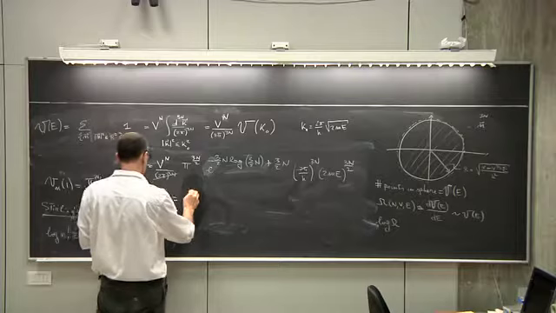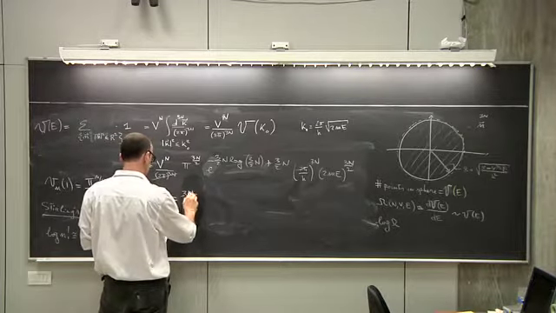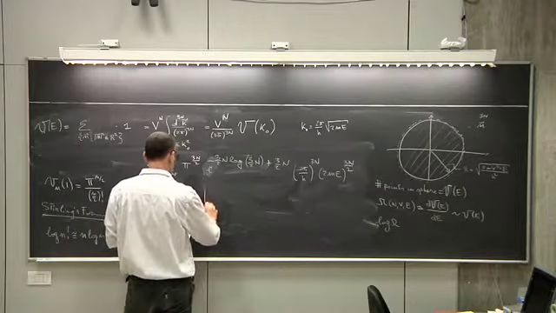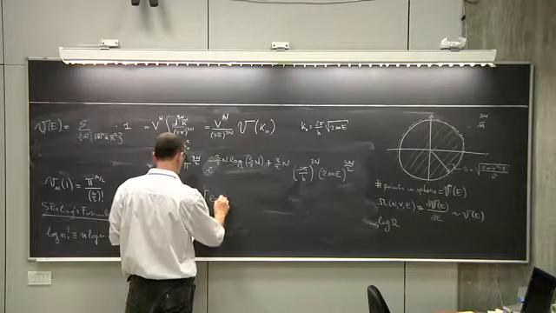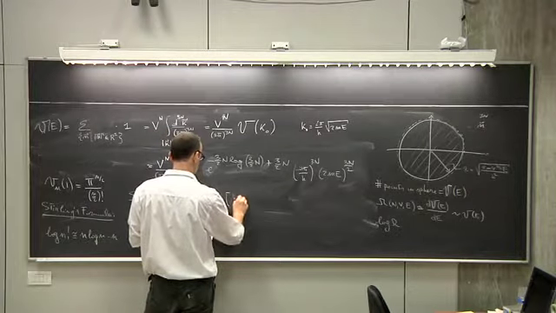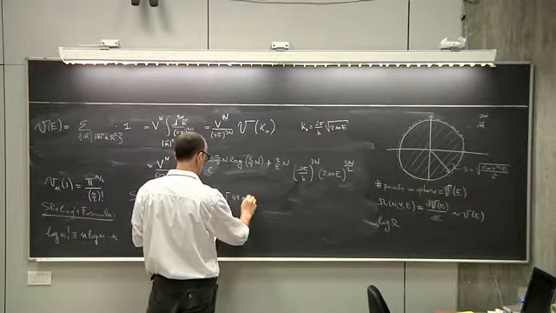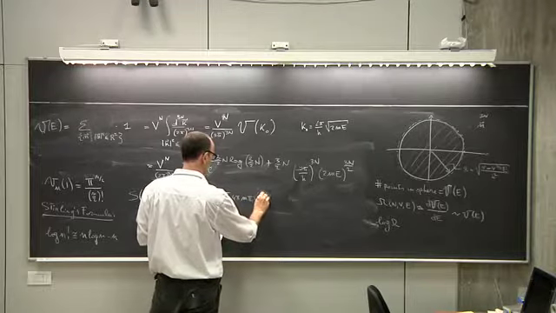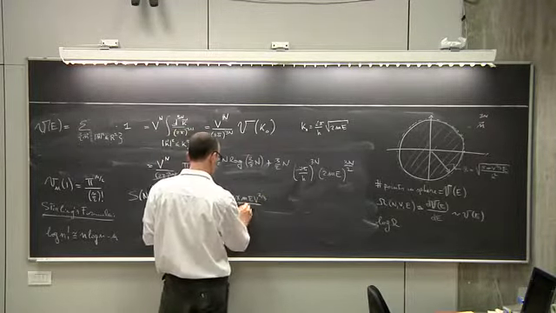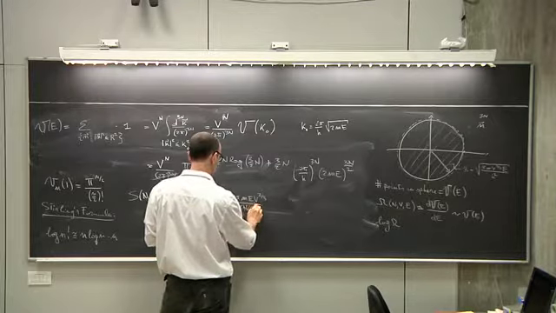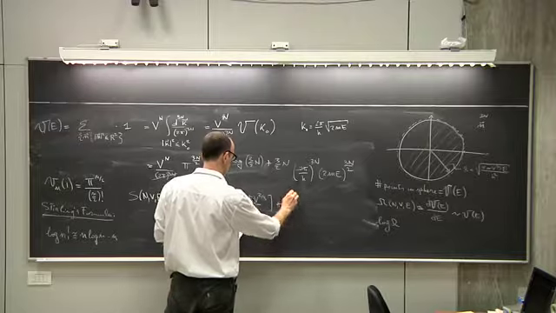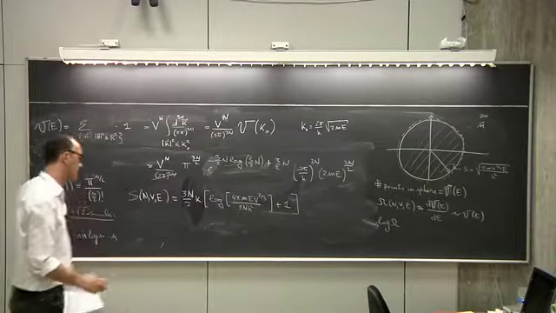So if you do the calculation, you will get that this is 3n over 2 times k times the log of 4 pi m e v to the 2/3 over 3n h squared, plus 1. Okay.